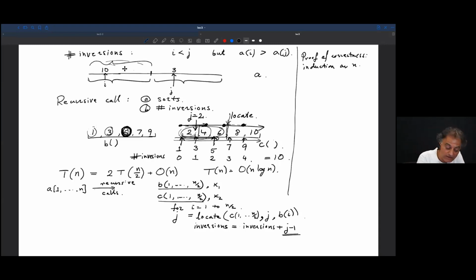Or one element is on the left and one element is on the right. This will be caught during this locate. So I'm counting everything exactly once. Okay, and you're sorting the list using merge sort, right? Yes. So in fact, while doing locate, we are actually doing merge. We are just doing it one step at a time. Okay, thank you so much. Yeah, sure.